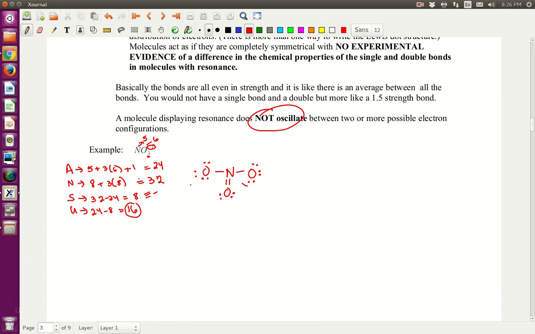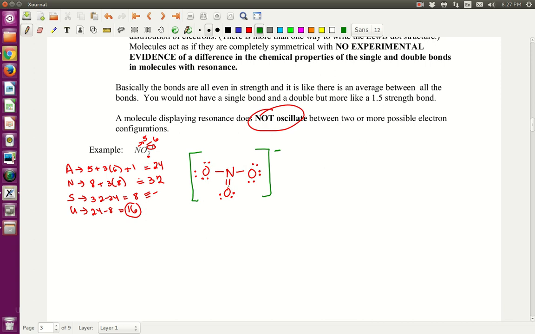So that should be 16. Let's double check and count them. 2, 4, 6, 8, 10, 12, 14, 16 electrons. So that is one of the possibilities. You have to put the brackets and a -1 sign, because the only way it has this configuration is because it gained that extra electron from someplace. It sucked it from somebody who didn't want one.